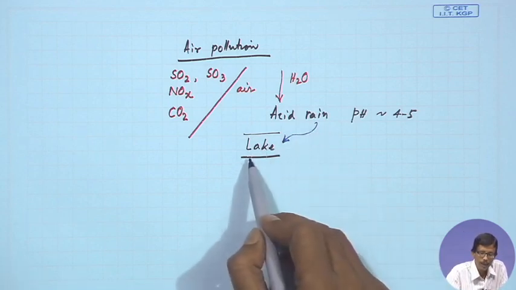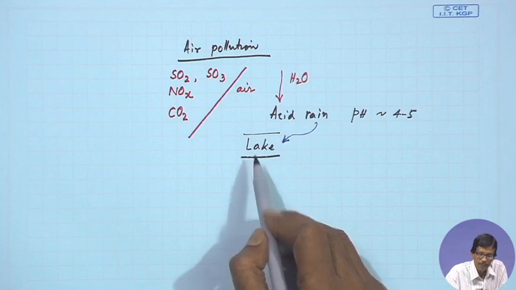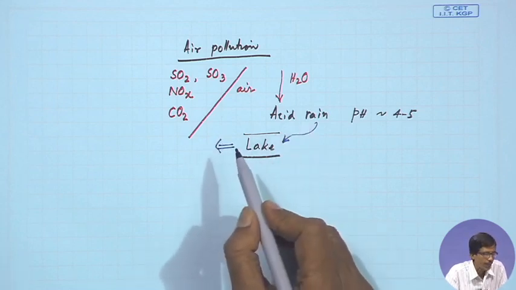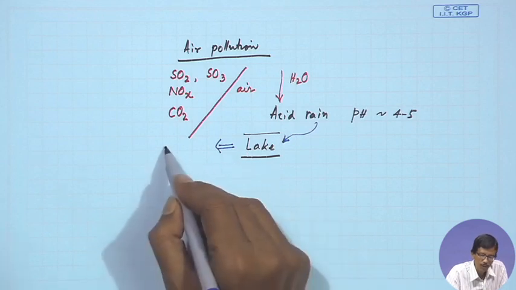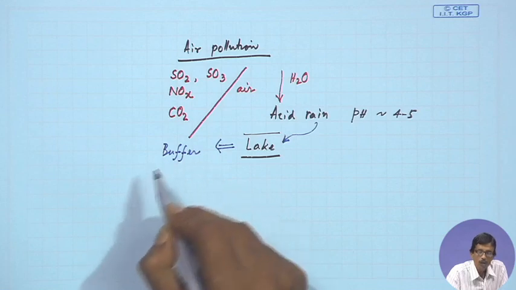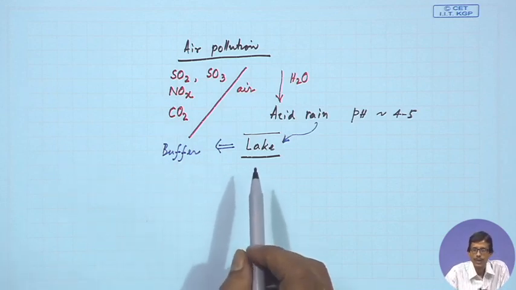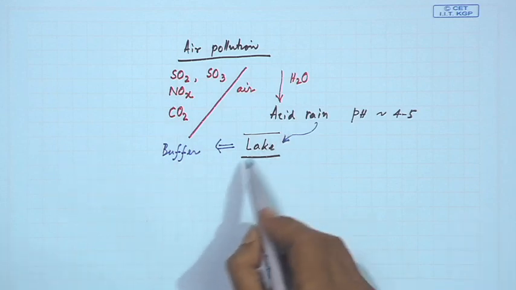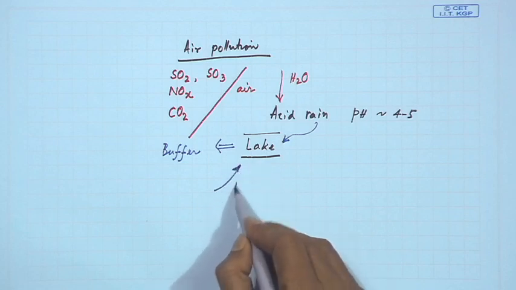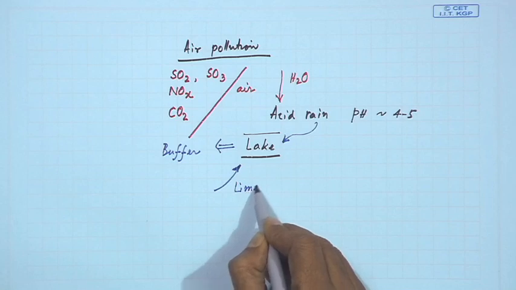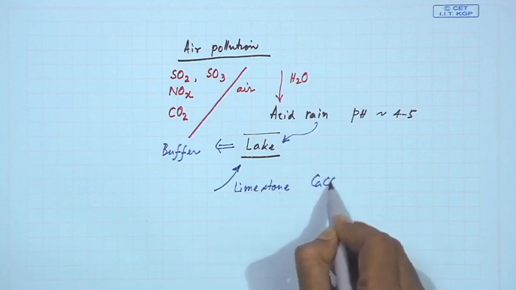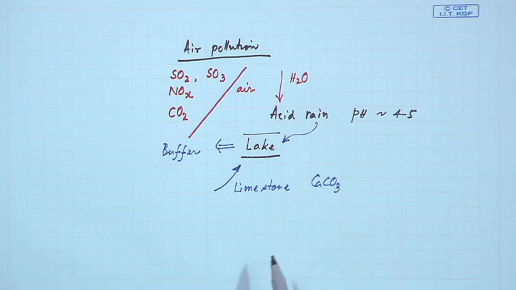and is being dumped within the lake, and the natural mechanism is such that we can have a buffer medium within the lake itself. That means, if your lake is formed and surrounded by limestone rock, that means calcium carbonate rock is there.